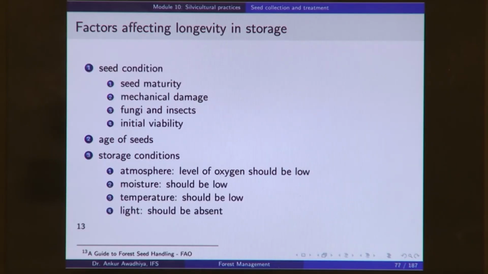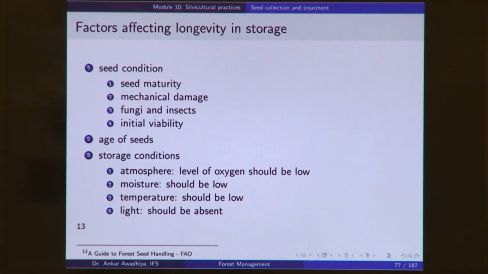Now, while storage, the longevity goes down with time, and it will go down depending on several factors. The first one is the condition of the seeds. Were the seeds mature when you were putting them for storage? Were the seeds damaged? If they were damaged, then they will lose their viability in no time. Whether there were fungi or insects.